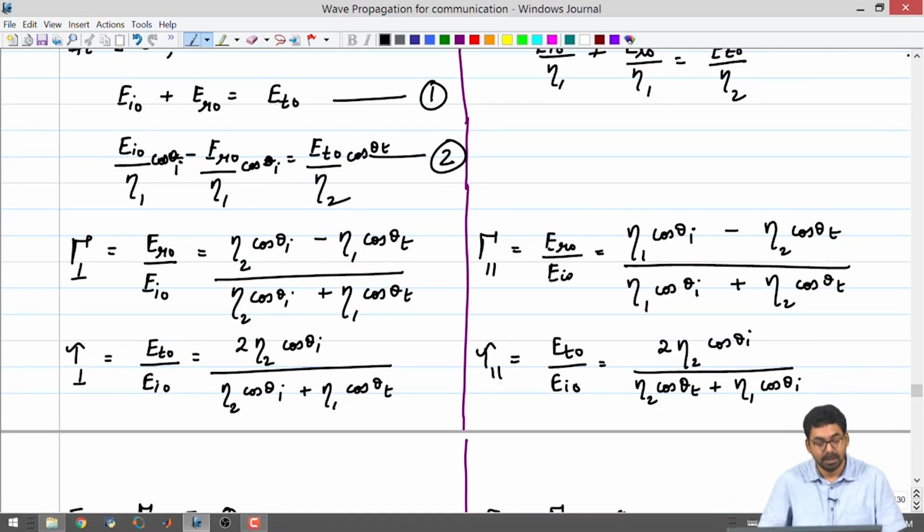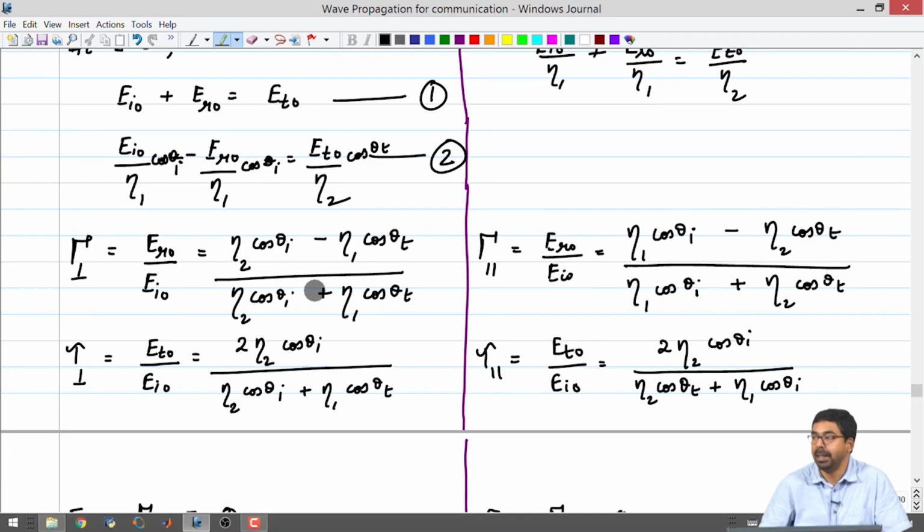The simplest thing one can do with, say, perpendicular polarization, is take the expression for gamma perpendicular, and substitute incident angle theta i to be equal to 0. If you have incident angle equal to 0, then it becomes normal incidence on the second medium, which also means that the transmitted angle has to be equal to 0.